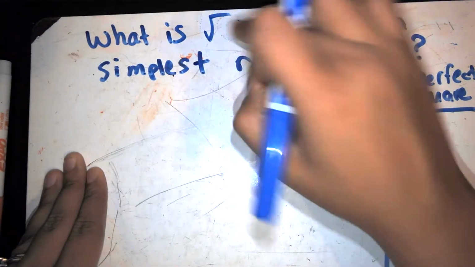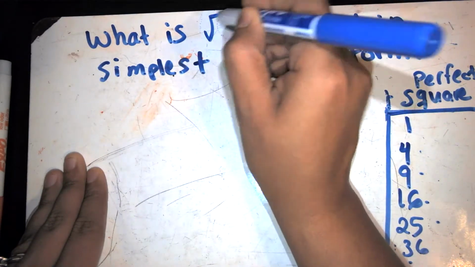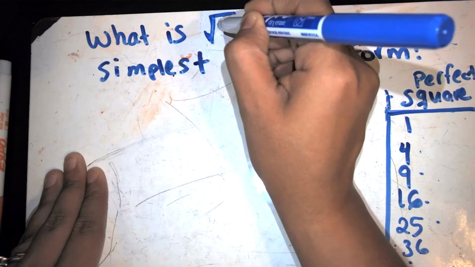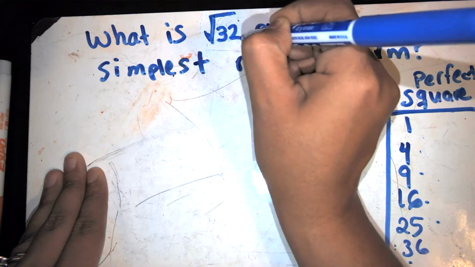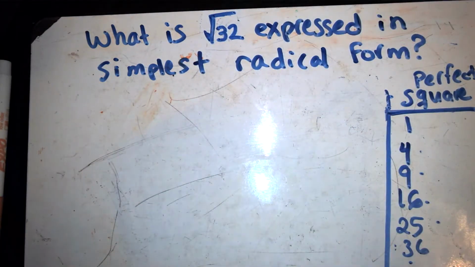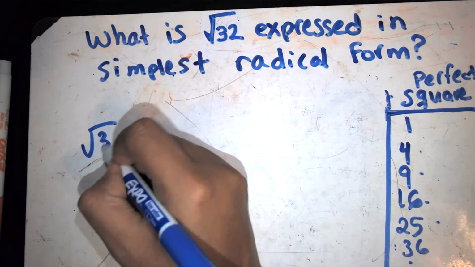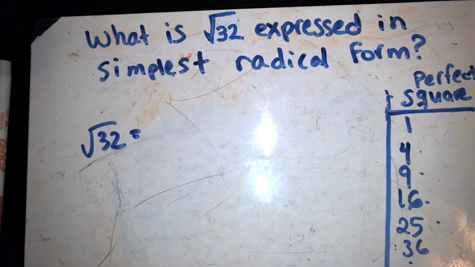But what if we have something like this? Radical 32. Now, if we were to plug in radical 32, we would get an irrational number because 32 is not a perfect square.